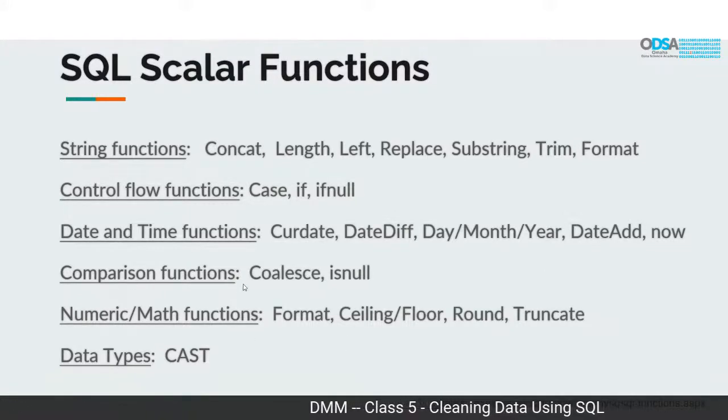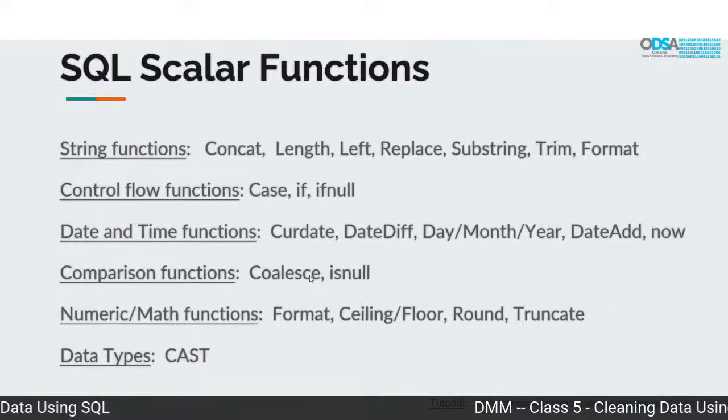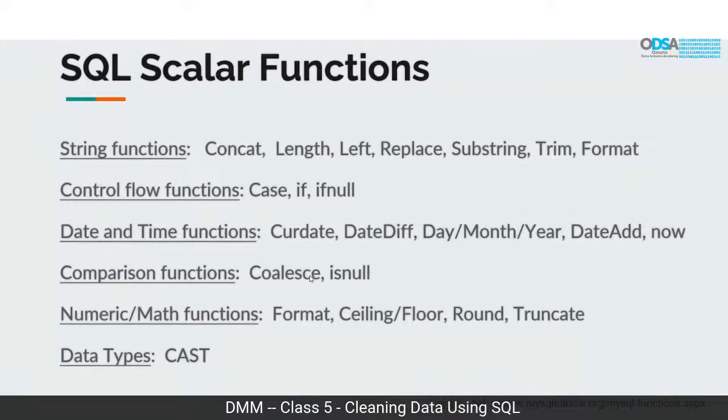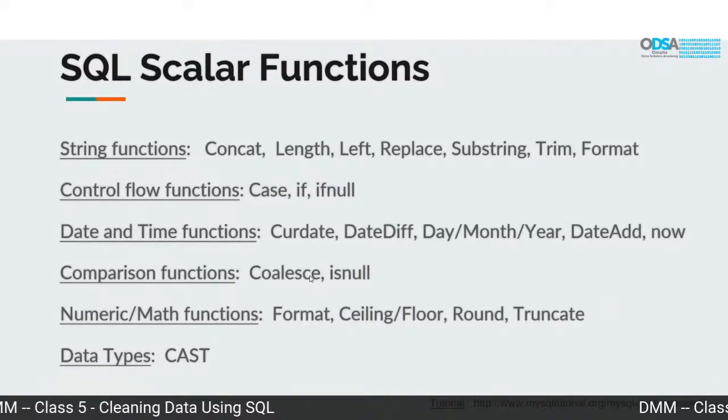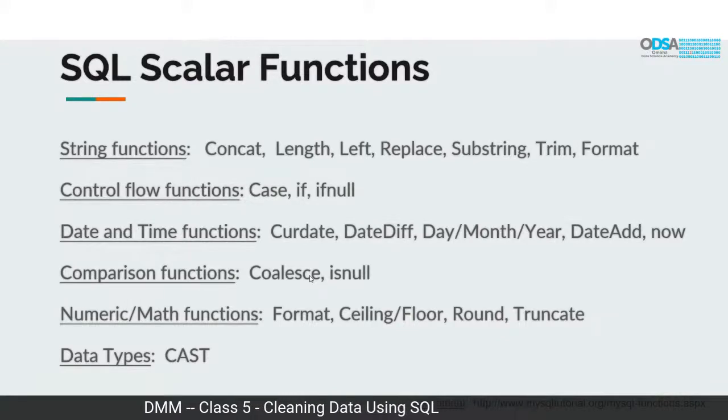Right. Comparison functions, coalesce. So with coalesce you can have as many columns as you want as parameters. You'll take the first column that does not have a null value. So say there are different product categories and you're looking through 3 different fields for those products.